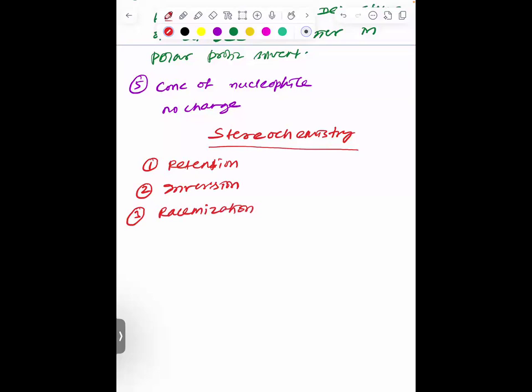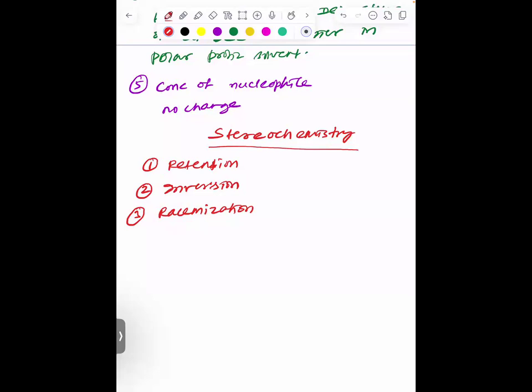Depending on the stereochemistry, it can be retention, inversion, or racemization. So what is retention? Student, note down, I will dictate.